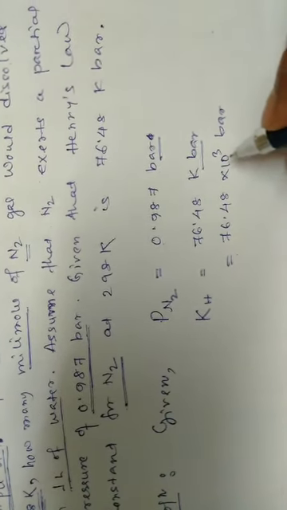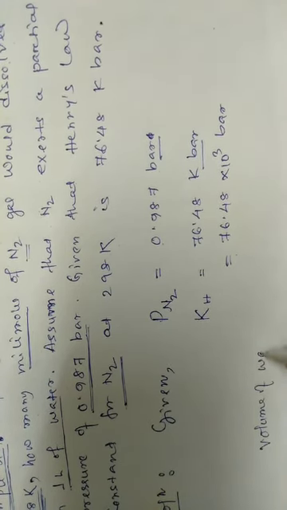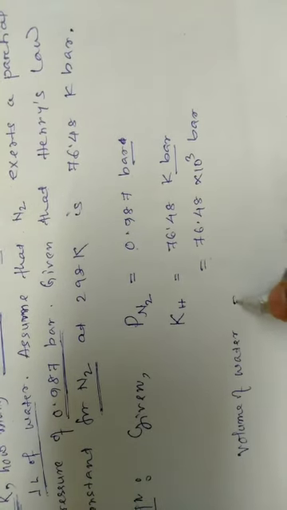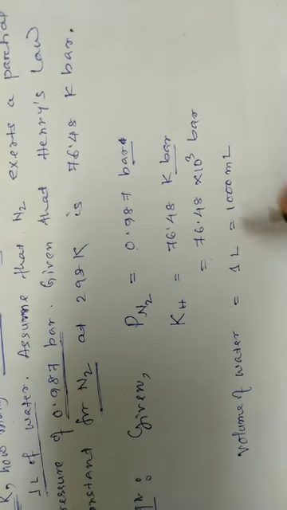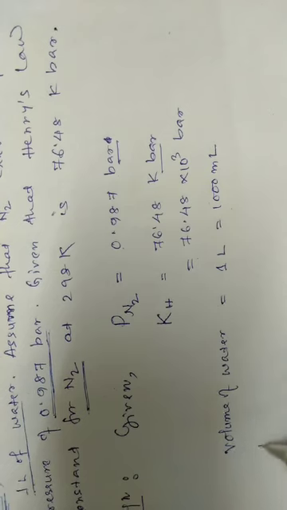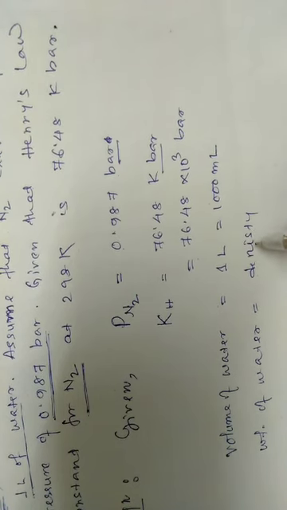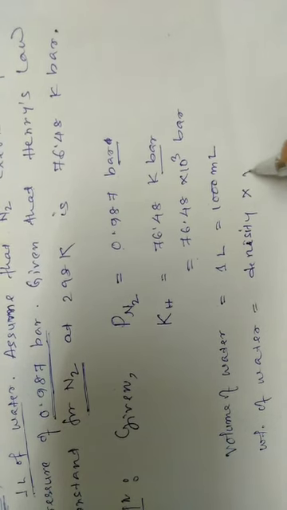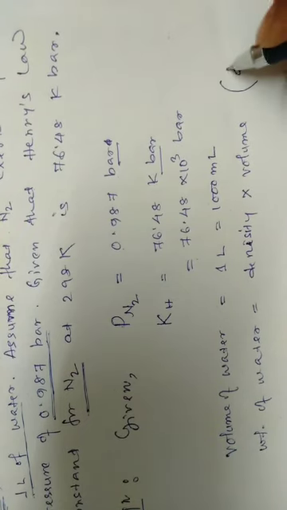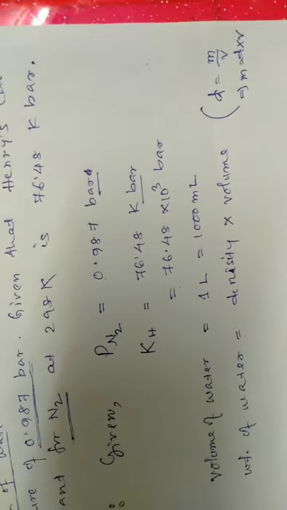In kilo, the multiplying factor is 10^3. Here in this question the volume of water is also given. The volume of water is how much? 1 liter. 1 liter is equal to how many milliliters? 1000 milliliters. If the volume of water is 1000 milliliters, then the weight of water is equal to how much? We can calculate the weight of water by multiplying density into volume of water, because density equals mass per volume, so mass equals density into volume.